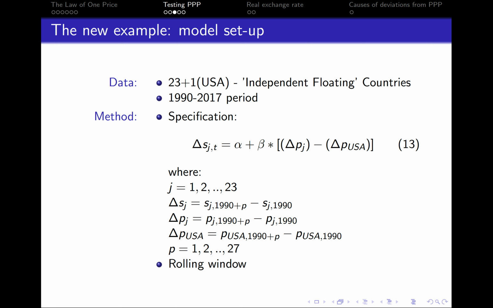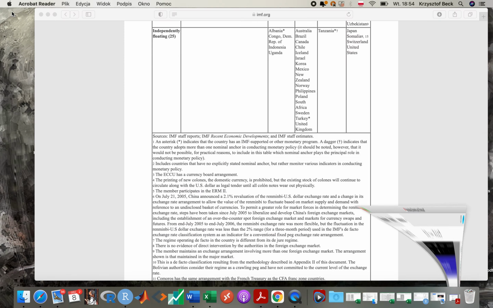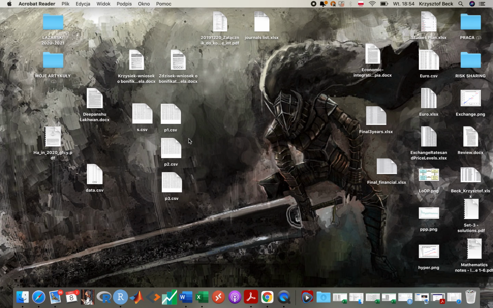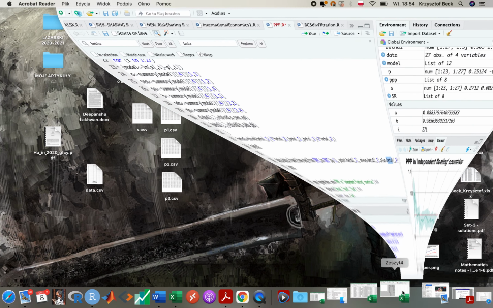But this is still not a time series exercise, which means that I've been treating those events separately. Now, how did I do it? Look at the data and the code that I used.